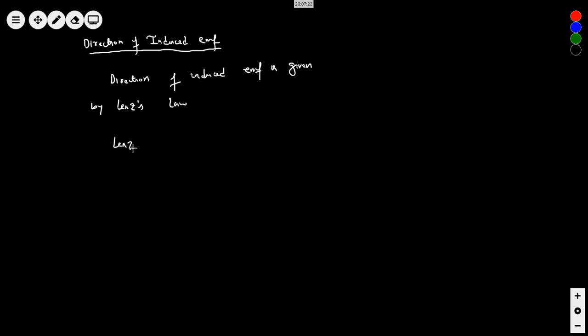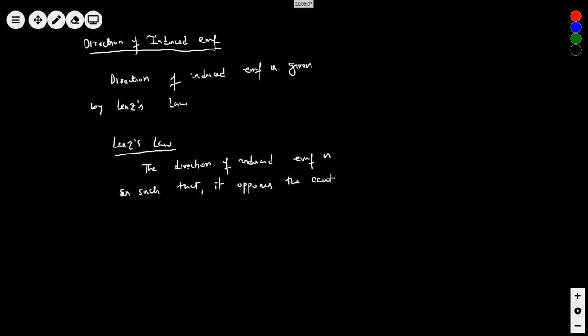Now what is Lenz's law? The direction of induced EMF is such that it opposes the cause producing it.